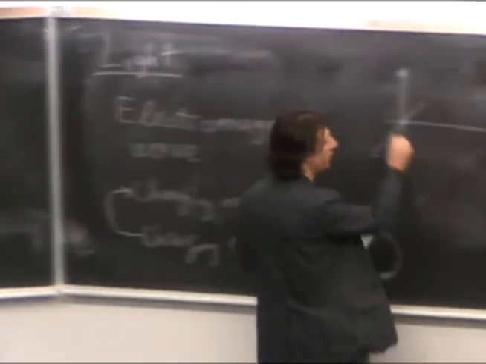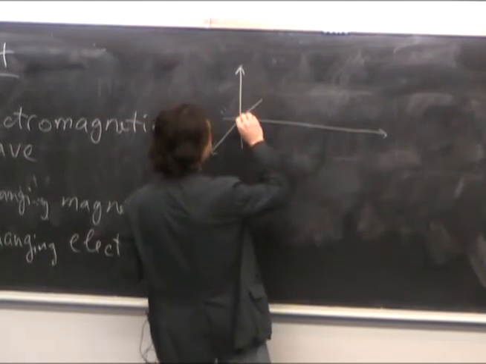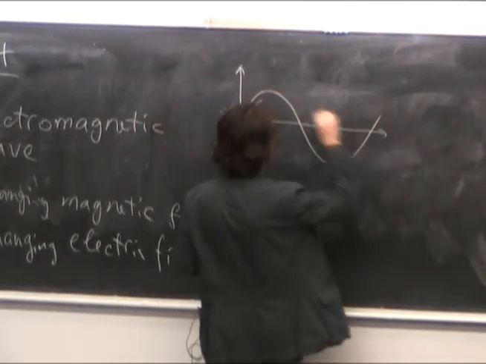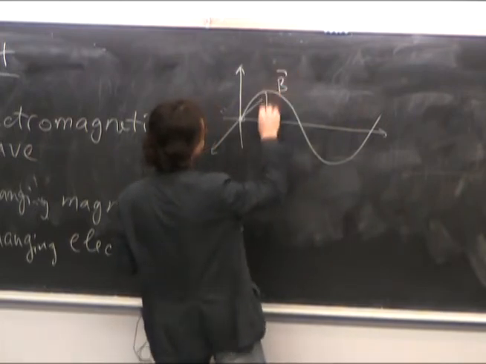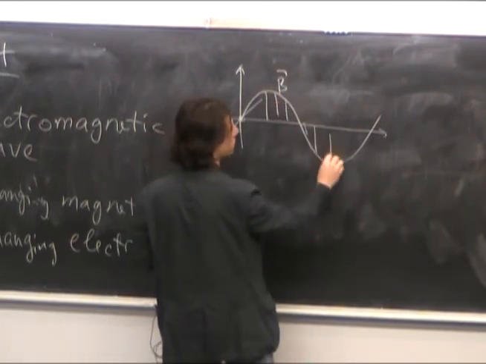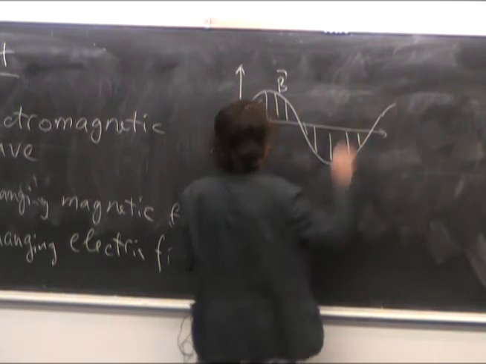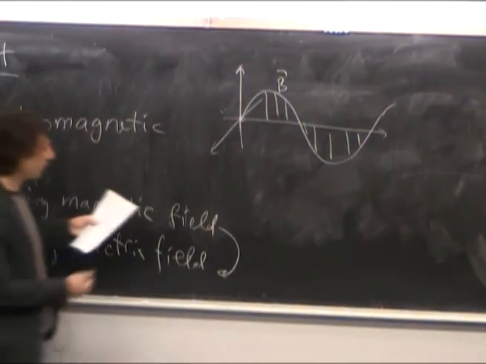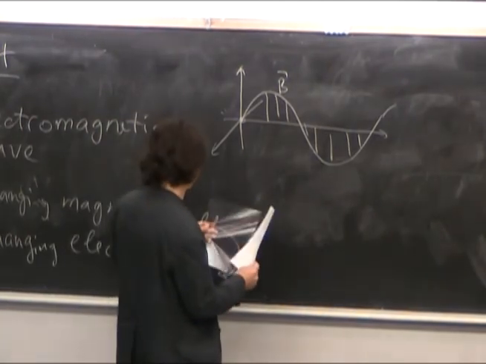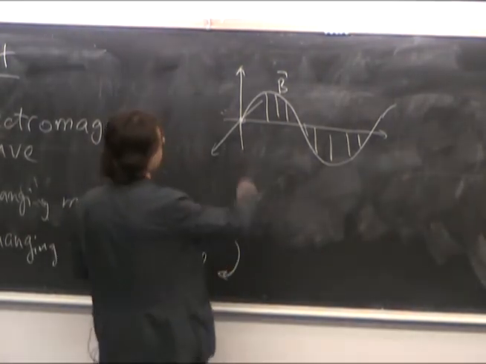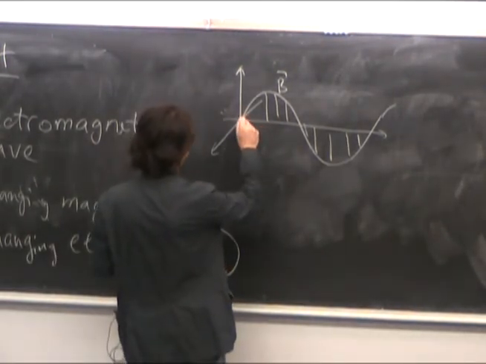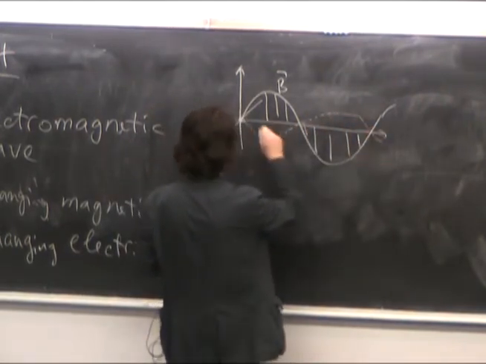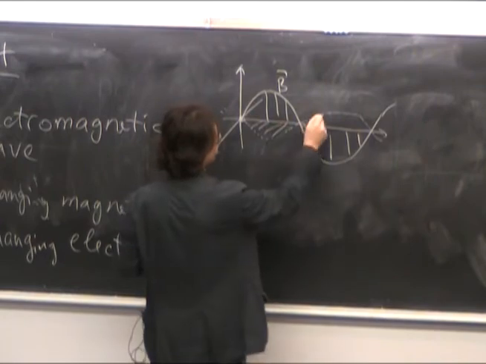So the magnetic field along the path of the wave looks like a sine wave. And it keeps going. And at the same time, the electric field looks like a sine wave in this direction, in a horizontal direction.